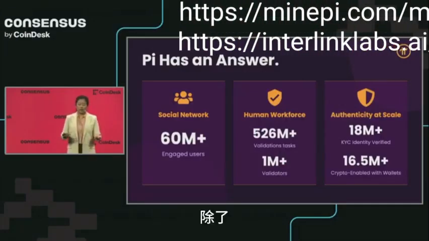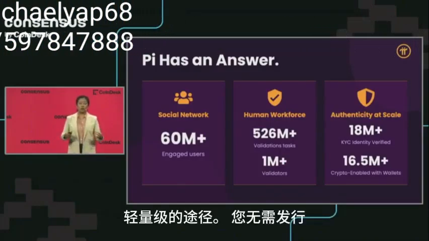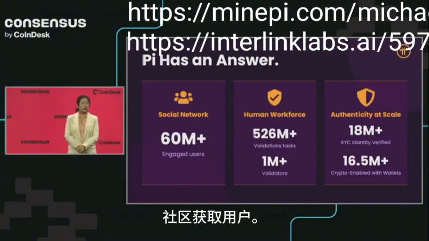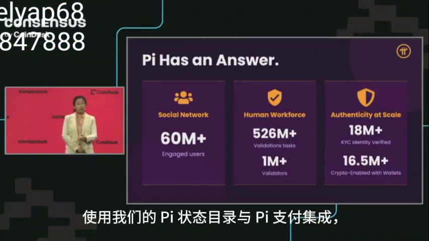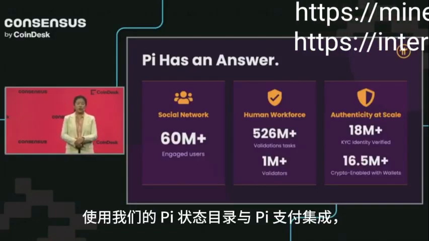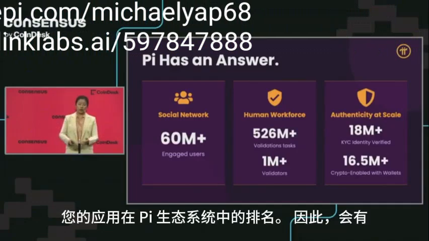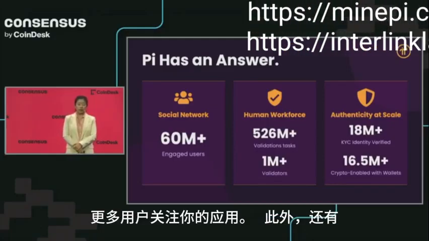And in addition to the Pi Launchpad example I gave earlier, there are so many other avenues that are more lightweight. You don't need to issue a token in order to tap into the Pi community for user acquisition. For example, building a Pi app, integrating with Pi payments, using our directory that is Pi staked to boost the rank of your app in the Pi ecosystem. Therefore, more users pay attention to your app.